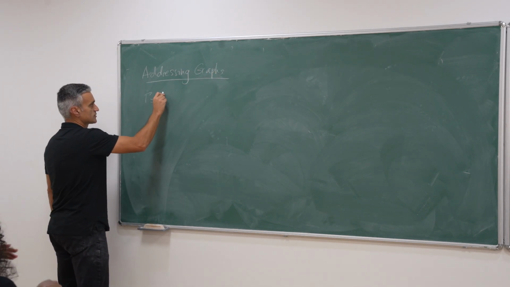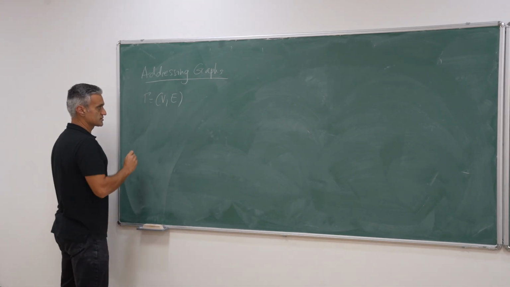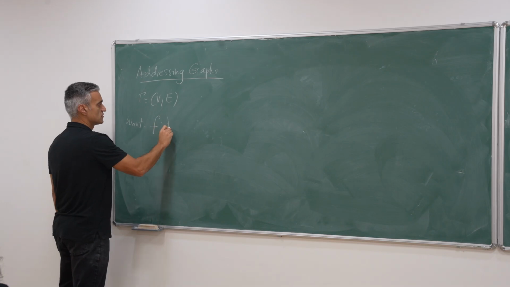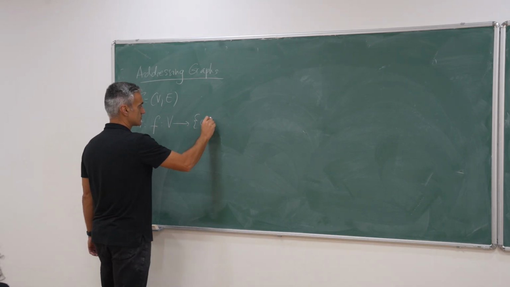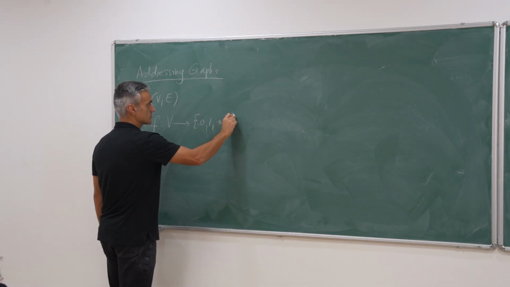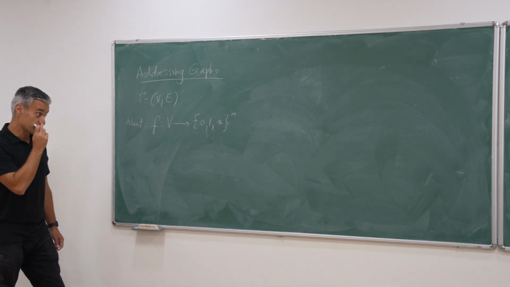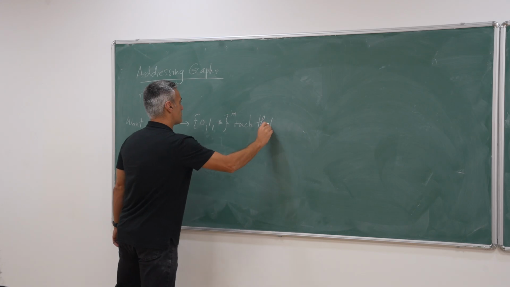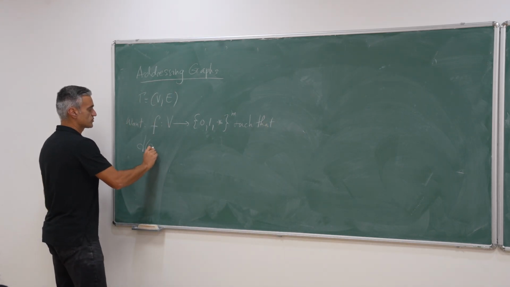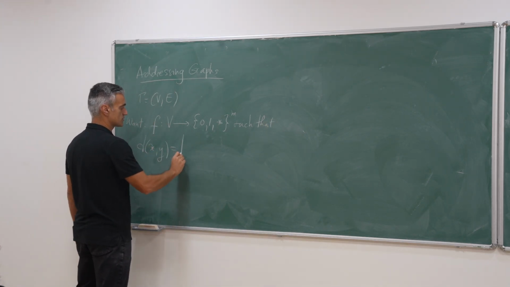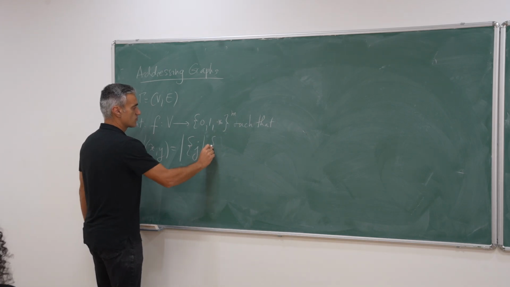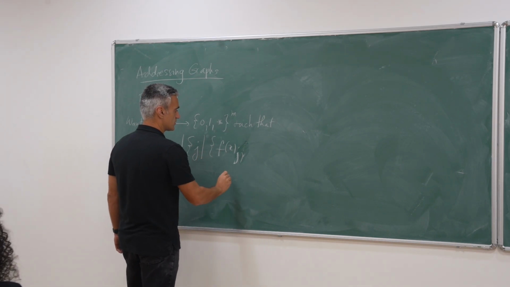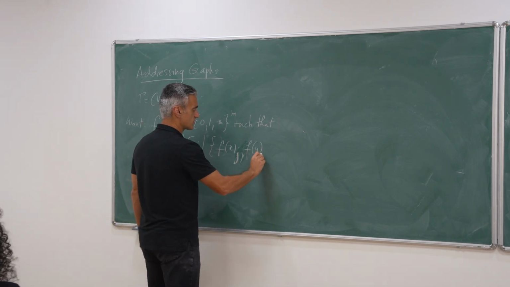We have this graph with vertex set V and edge set E, and we want a function from the vertex set to the words of length some m over the alphabet 0, 1, star, such that the distance in the graph between x and y equals the number of positions j where one of the words has a 0 and the other one has a 1.